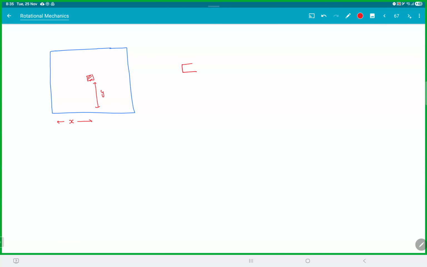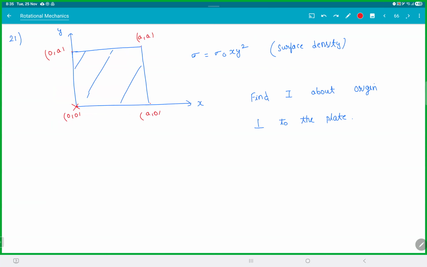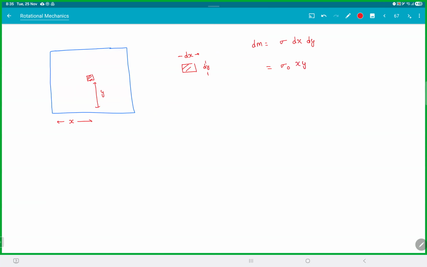The small rectangle's width is dx and this is dy. So dm will be sigma into area dx dy. Sigma is nothing but sigma naught x y square. That is your mass. This is your perpendicular distance r, which is root over x square plus y square.